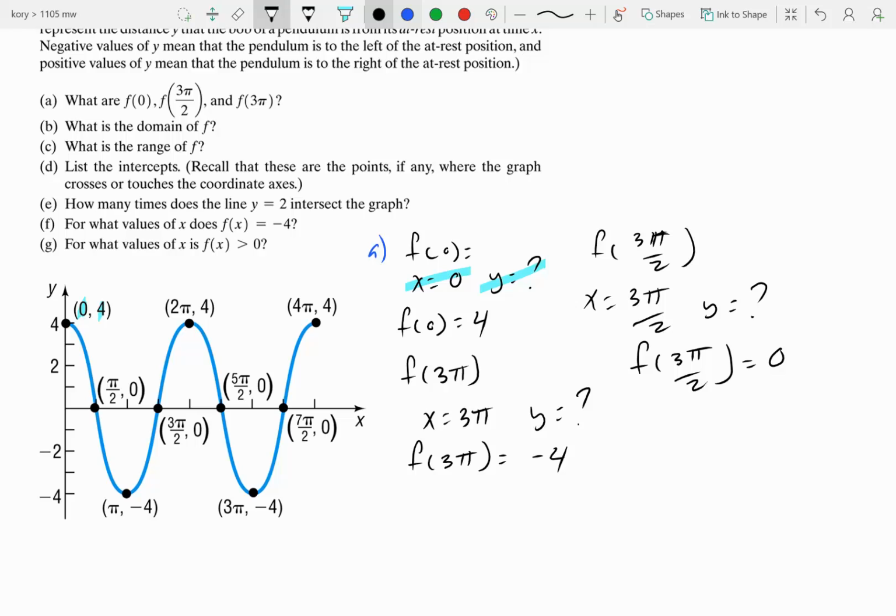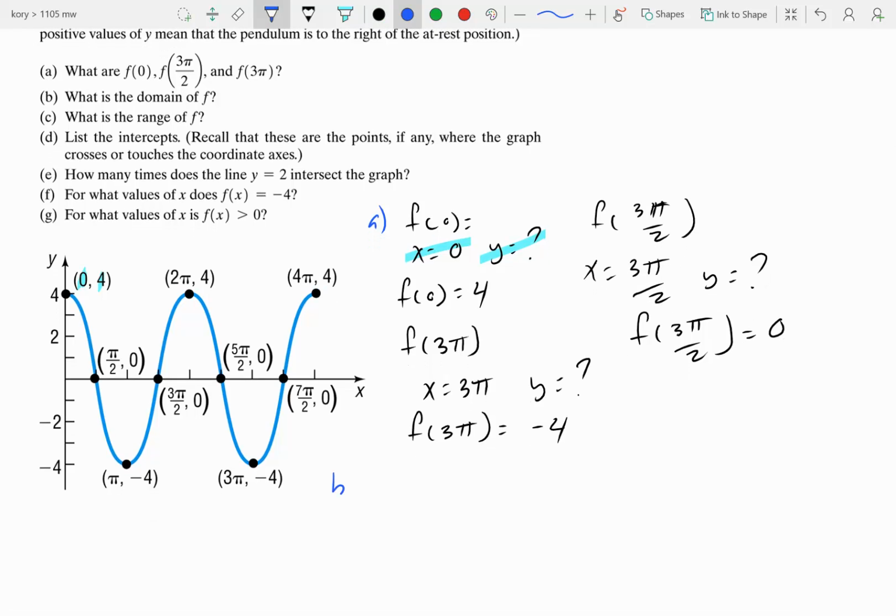That's it. Alright, part B. It wants to know the domain. So the domain are the x values. Only using this graph, x starts at 0 and ends at 4 pi.